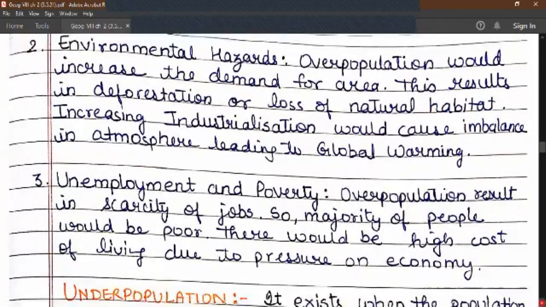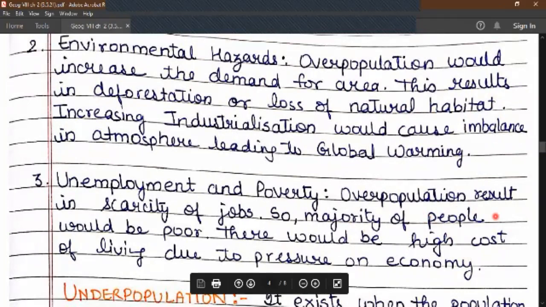Unemployment: overpopulation results in scarcity of jobs, so majority of people would be poor. There would be high cost of living due to pressure on economy. So these are the impacts of overpopulation.